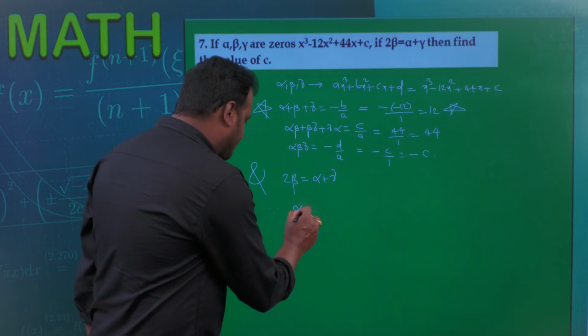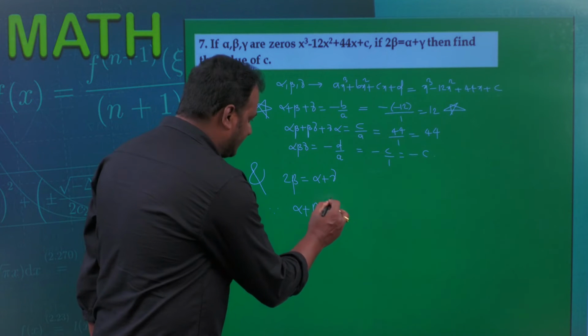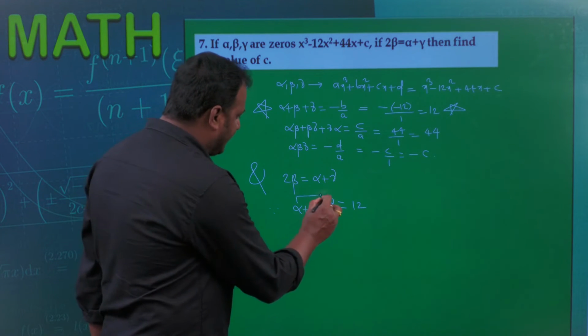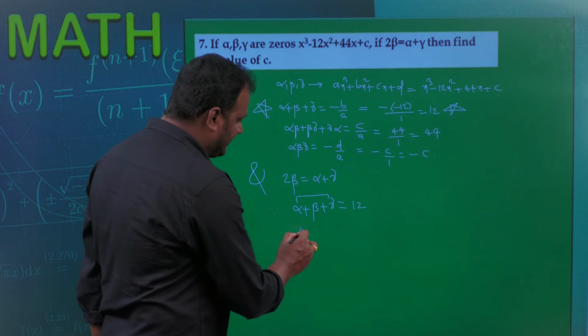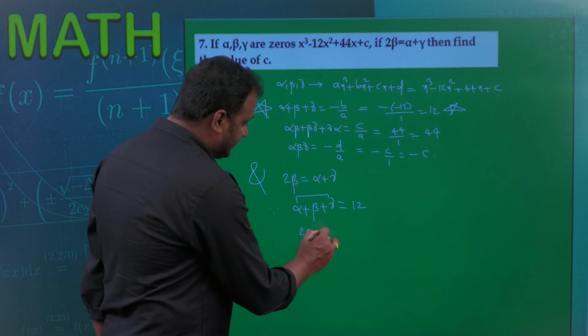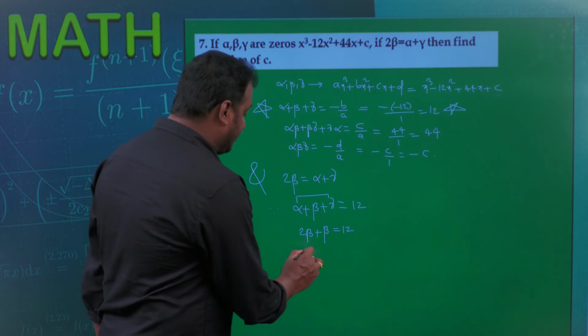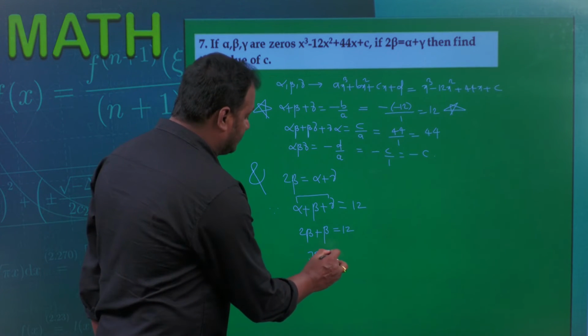Since alpha plus beta plus gamma is equal to 12, alpha plus gamma is 2 beta, and one more beta is there, which is equal to 12. So 2 beta plus beta is 3 beta. So 3 beta is equal to 12.